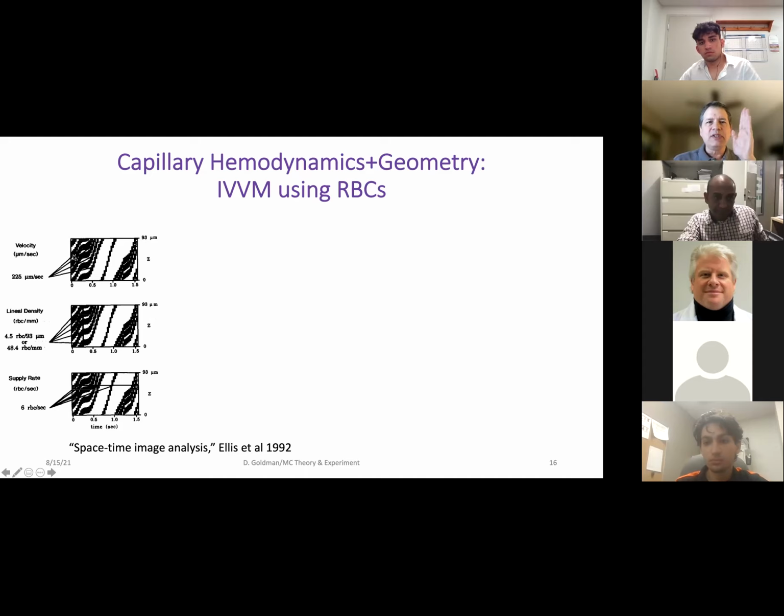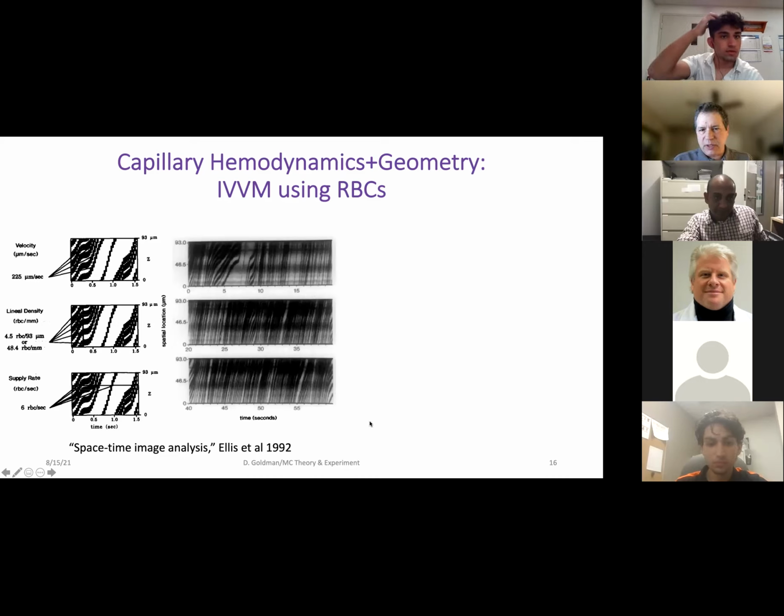But basically, you can look at vessels, a capillary oriented this way, and you can watch the red cells go through. And there are ways to pull out the velocity of those red cells, the lineal density. So the slopes here are basically velocities. If you go this way, you get lineal density. If you go that way, you can get supply rate, okay? And basically, velocity times lineal density gives you supply rate.